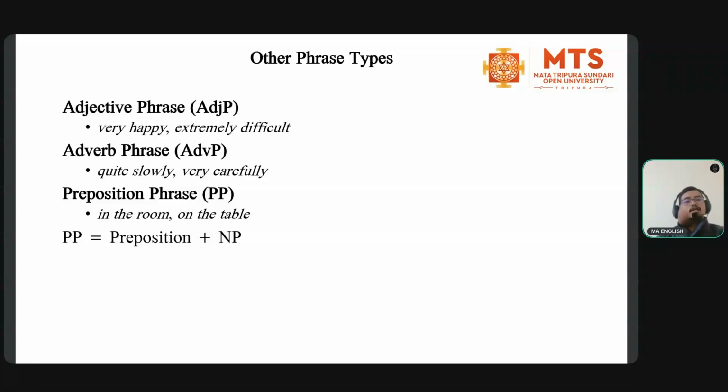So the main phrase types in syntax, in sentence structure or sentence analysis, are: noun phrase headed by a noun, verb phrase headed by a verb, adjective phrase headed by an adjective, adverb phrase headed by an adverb, prepositional phrase headed by a preposition. Each phrase has a head, which is the most important word in that phrase. Understanding these phrase types helps us break sentences into meaningful parts. This is the core skill in syntactic analysis.